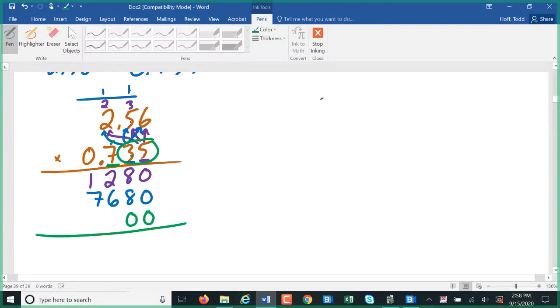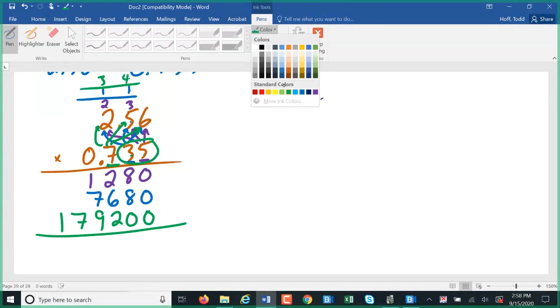So now we have, and I put a line up here so we know those are old carries. 7 times 6 is 42, so 2, carry the 4. 7 times 5 is 35, plus 4 is 39. So 9, carry the 3. 7 times 2 is 14, plus 3 is 17. So 7, there's no place to carry the 1, so we just move it over.